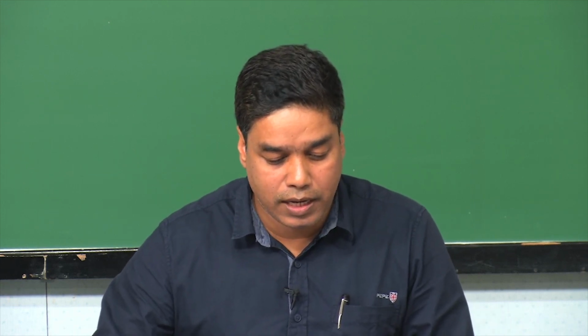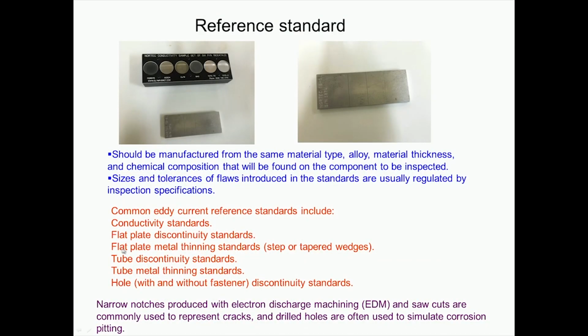So, that kind of damage or that kind of defect can also be inspected by eddy current. And when you do that, you should first calibrate the instrument using flat plate metal thinning standards, which could be step or tapered wedges.